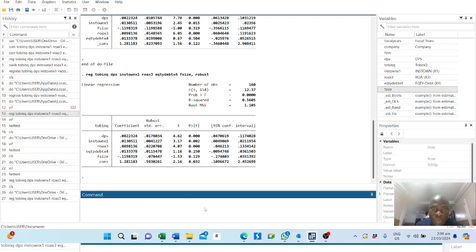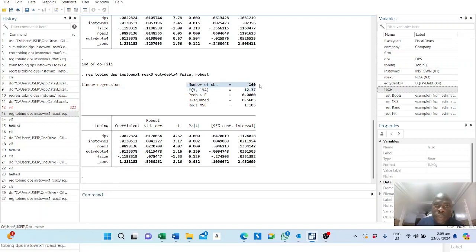Now that the issue has been addressed, we are using a total observation of 160, and for the fit statistics, the F statistic is 12.37 and is highly significant, which makes our model fit and proper to use.